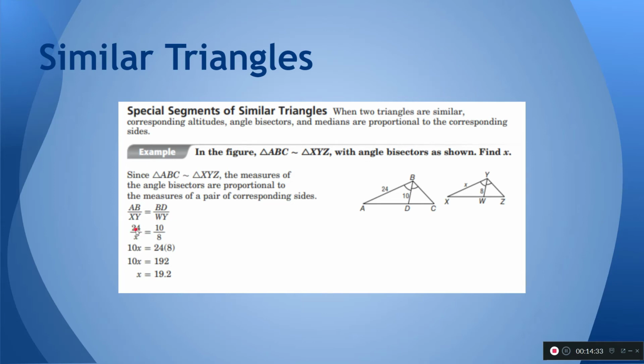We're really just doing the same things over and over again, but with different sections and different parts of the triangles, different parts of the figures that we're looking at. So keep in mind, again, we're just going to cross multiply here so that we get x times 10. 10x equals 24 times 8. 10x equals 192, or x equals 19.2.